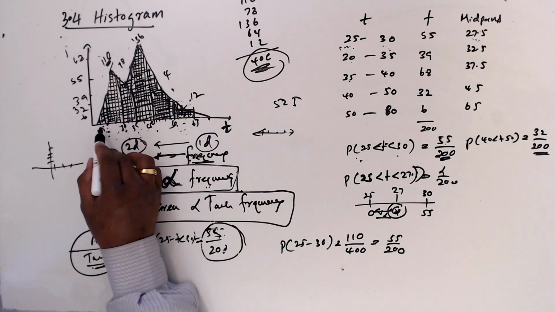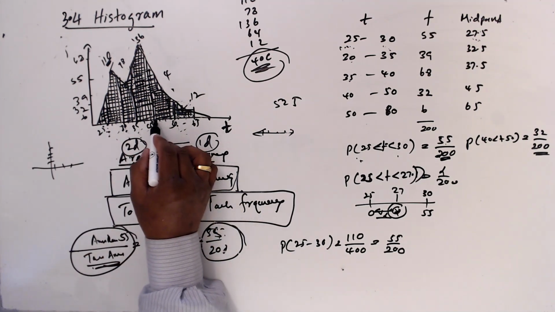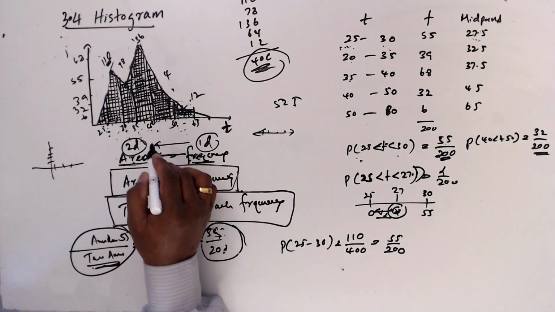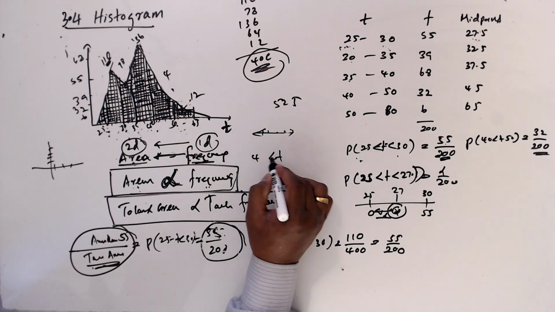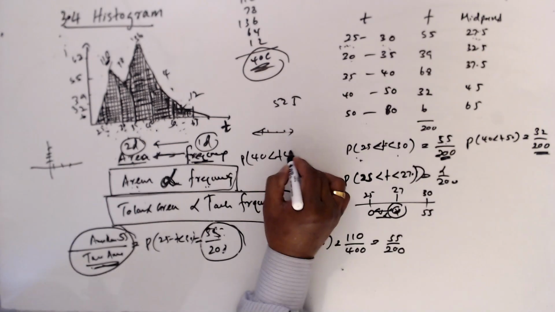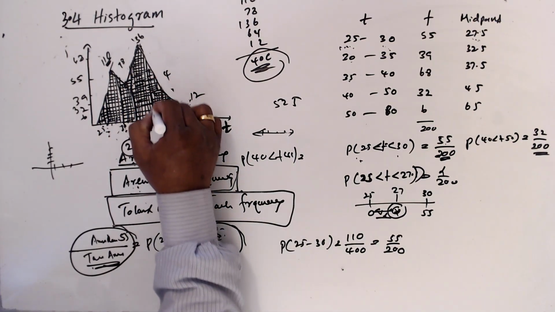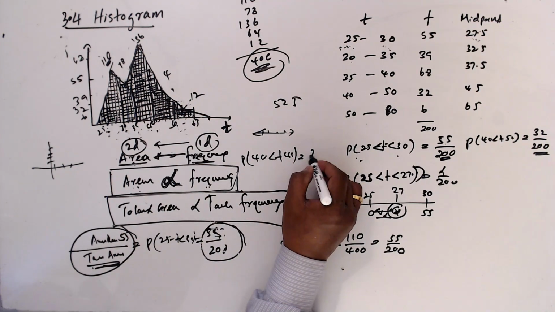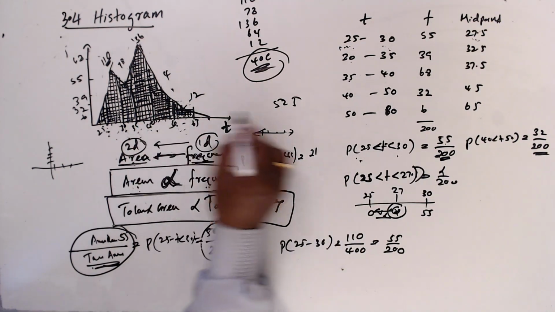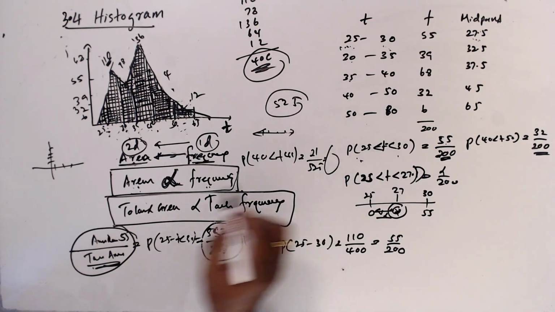Then if we want to find the probability of 40 to 41, you count the boxes from 40 to 41. Let's say 21 boxes, and the total number of boxes is 525. Then you will get the probability.